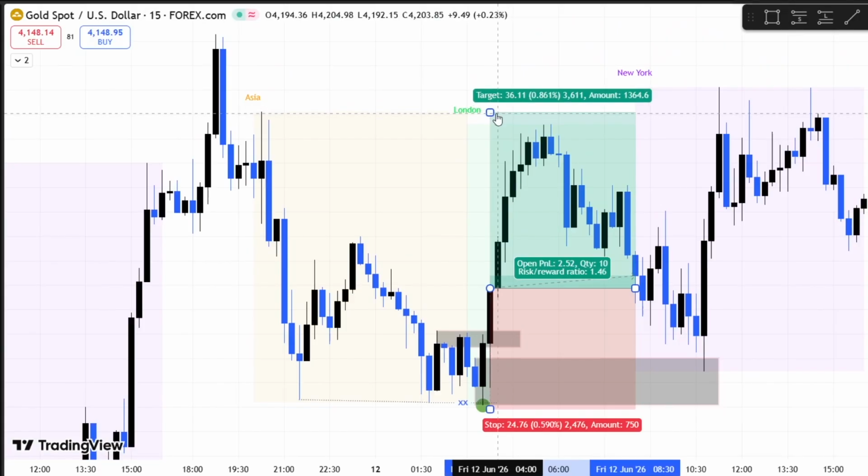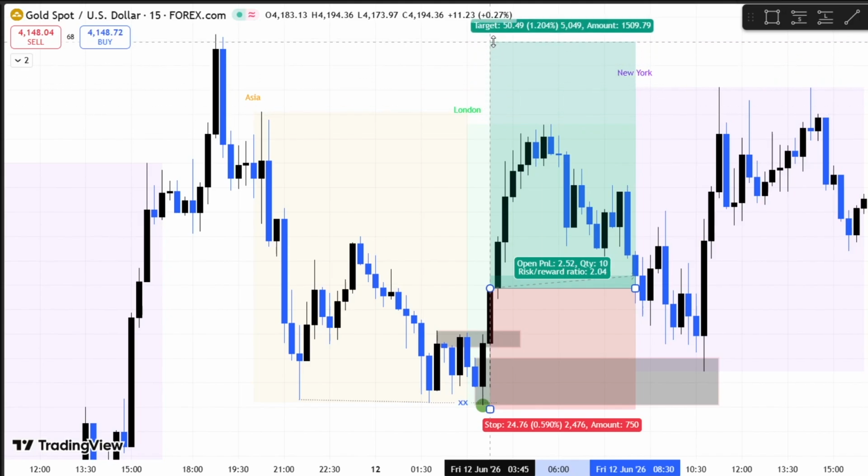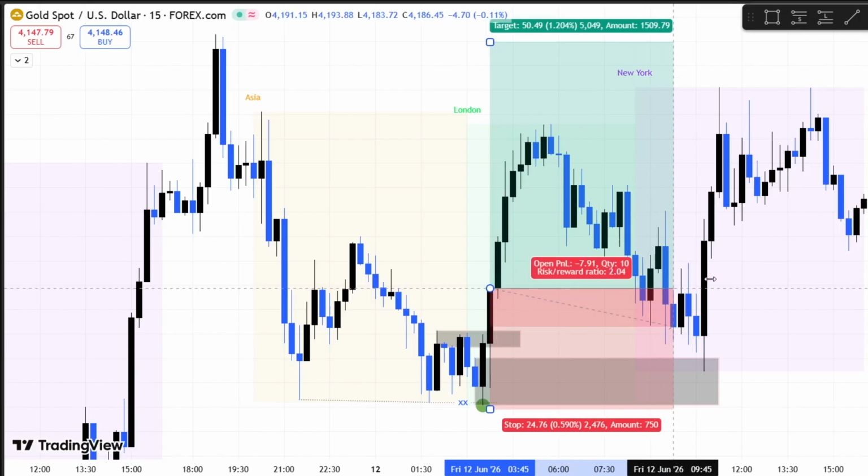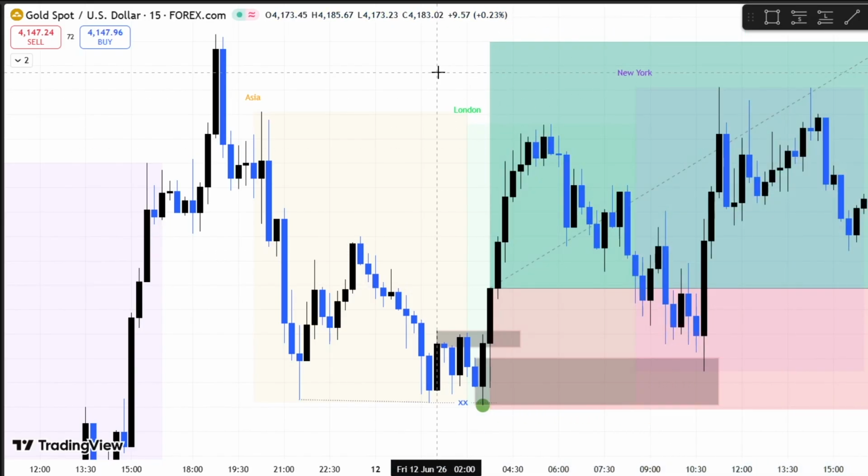For our strategy we get a minimum of a 1 to 2, so if you held your position, you'd hit your nice 1 to 2.